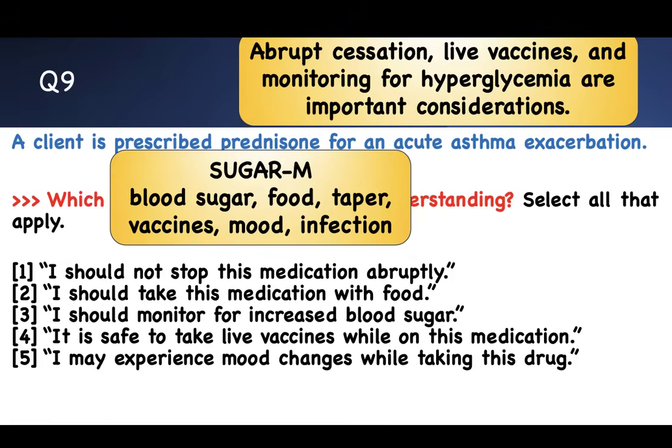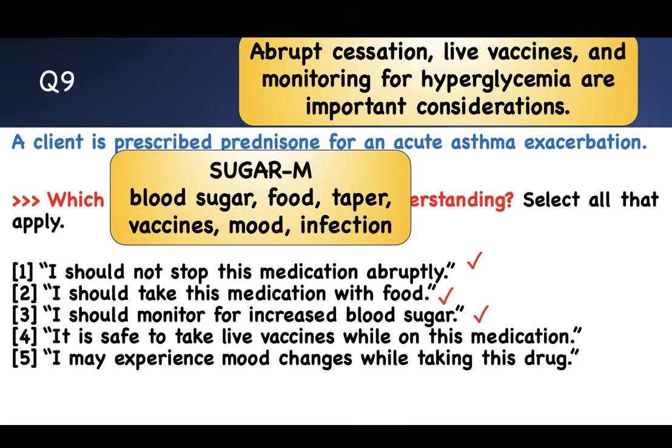The U will do what? Use food to decrease ulcer. The G is what? Gradual taper, right? The A is what? Avoid vaccine. R is what? Review their mood. And M is monitor for infection. So Sugar M is what you need to know about steroid.